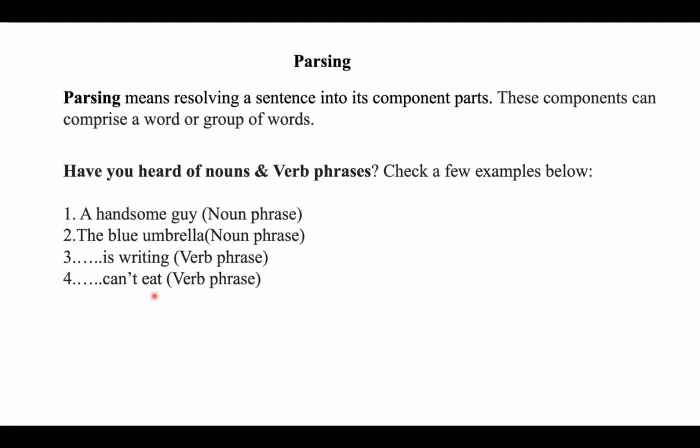Can't eat, again, indicates a verb phrase: a verb plus a combination of any other phrases. Okay then. A noun phrase is a group of words acting as a noun in a sentence. Here the word guy is acting as a noun. Similarly, a verb phrase is a group of words acting as a verb in the sentence. Here, writing is acting as a verb in the sentence.